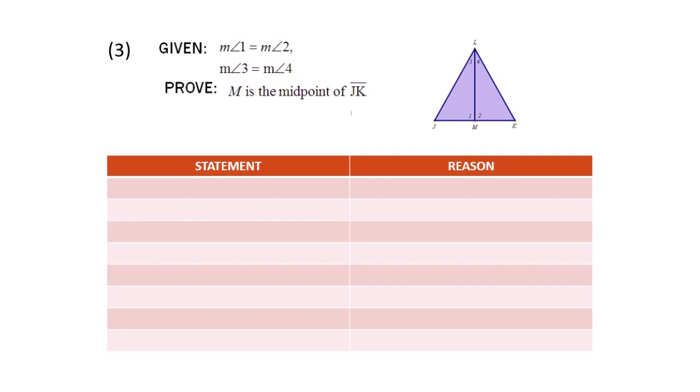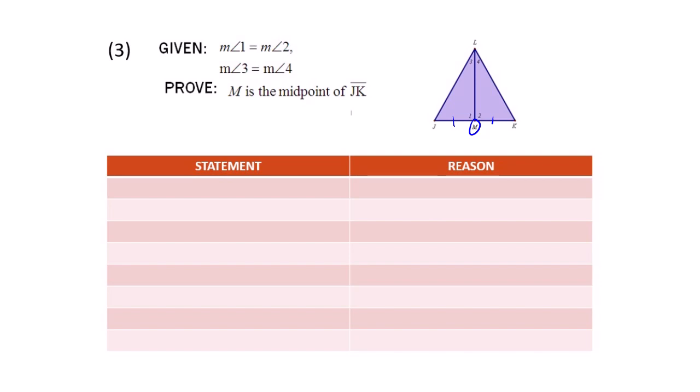CPCTC. And another one, so given that measure of angle 1 is equal to measure of angle 2, measure of angle 3 is equal to measure of angle 4, M is the midpoint of JK. All right. So here, if they're asking for M to be the midpoint of JK, that means we could prove that JM is congruent with MK.